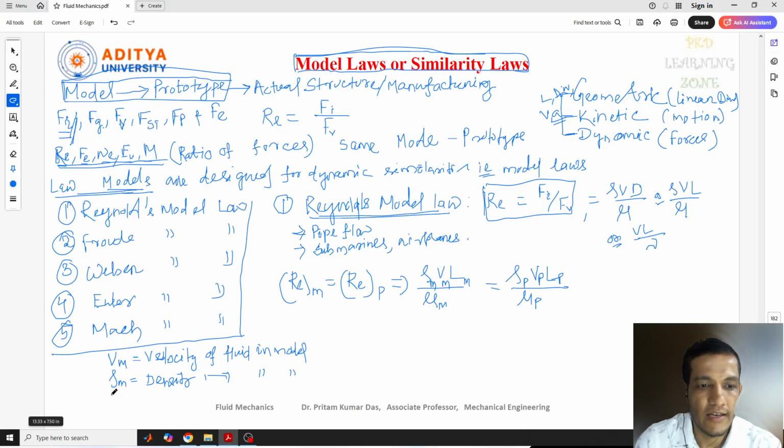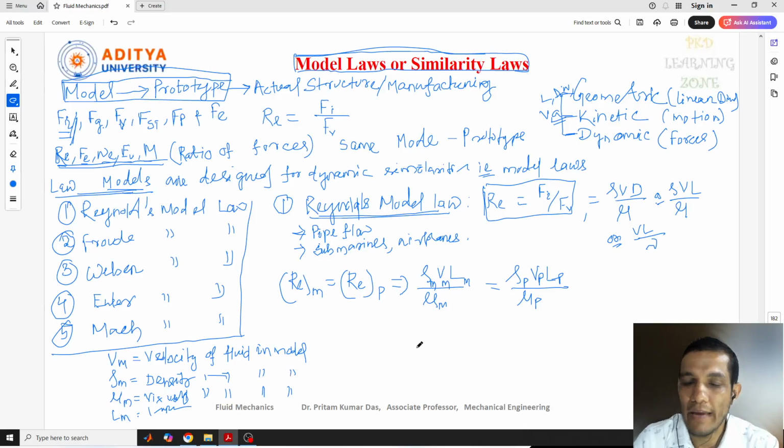Similarly, mu m is the viscosity of the fluid in that particular model, and Lm is the length, the linear dimension, the geometrical property that we need to consider. Similarly, rho p, Vp, Lp and mu p we consider for the prototype. These are the corresponding values of density, velocity, length and viscosity for the prototype.